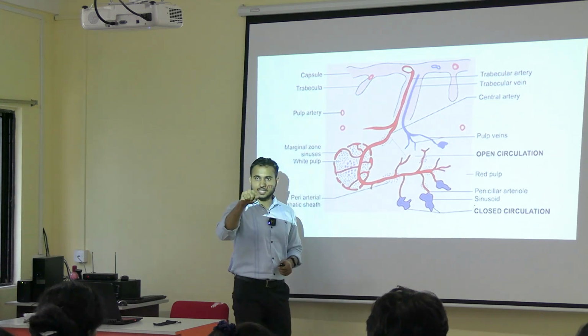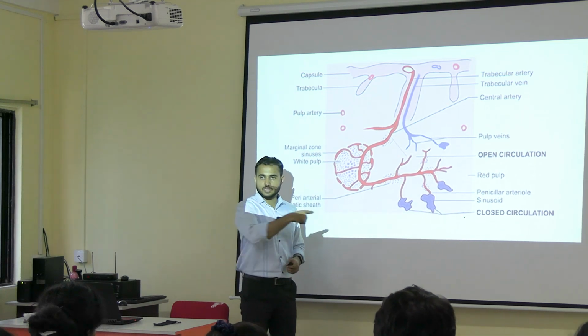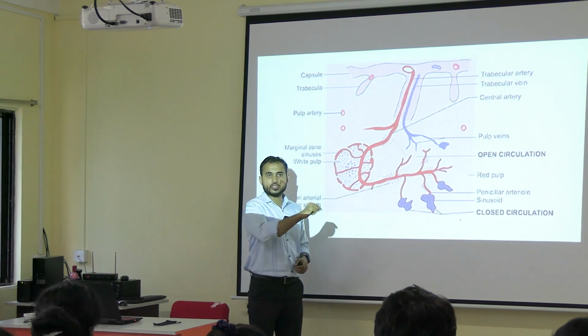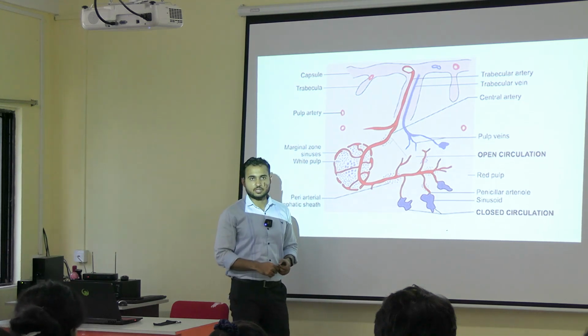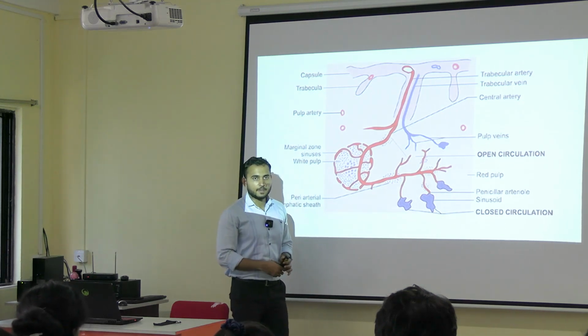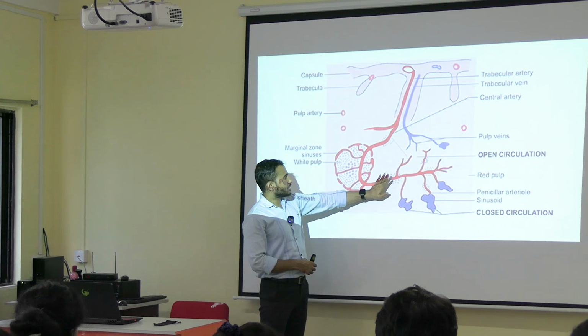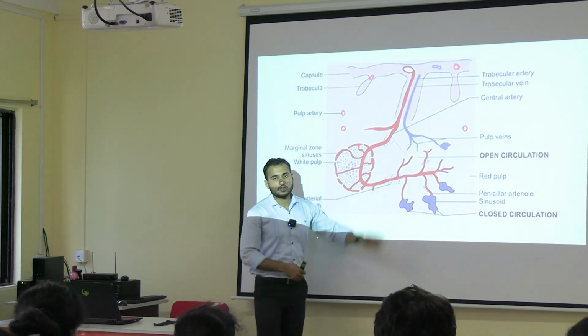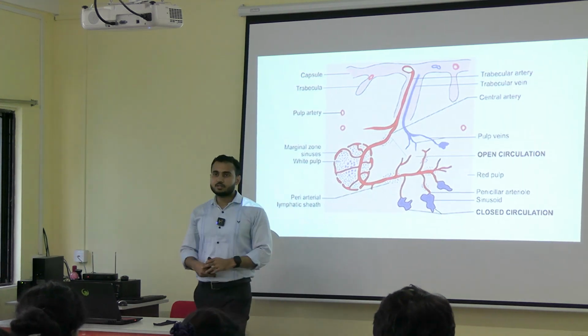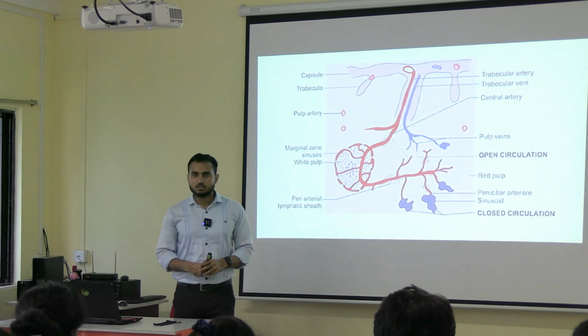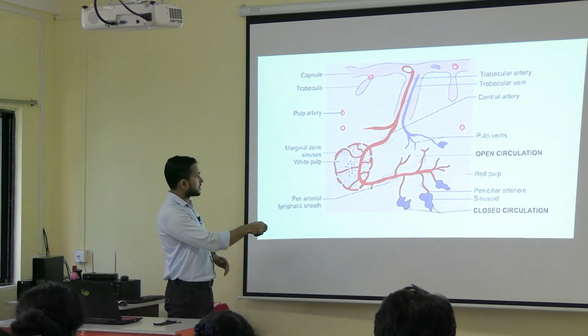You will see a circle, and that circle is nothing but the blood vessel, and around that you will see the aggregation of T lymphocytes. Now if this is replaced by B lymphocytes, then what will happen?